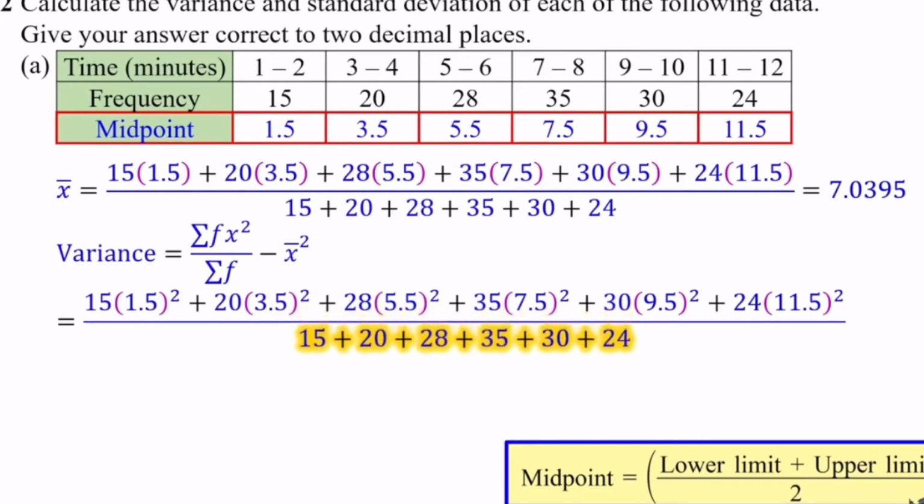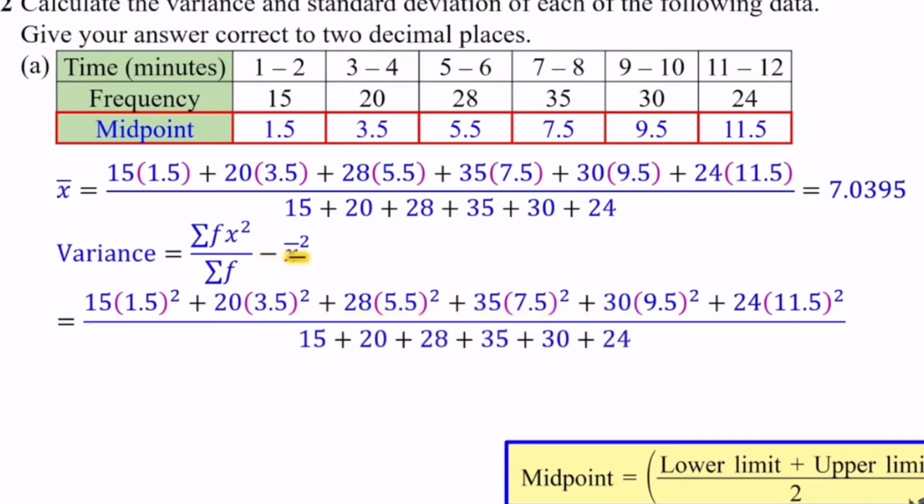So that is how we find the variance. Please remember that it is frequency times the midpoint square. Midpoint only square. Frequency no square, right?